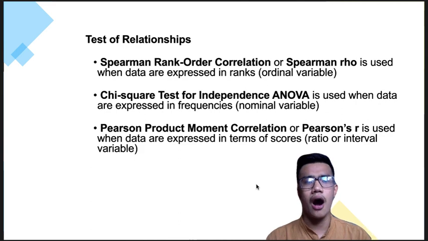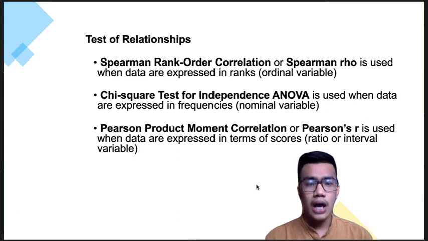We have three options for statistical tools under the test of relationships. We have the Spearman rank order correlation, or the Spearman rho, which is expressed in ranks. When our data are expressed in ranks or ordinal variable, I'll give you some examples next week. We use Spearman rank order correlation.